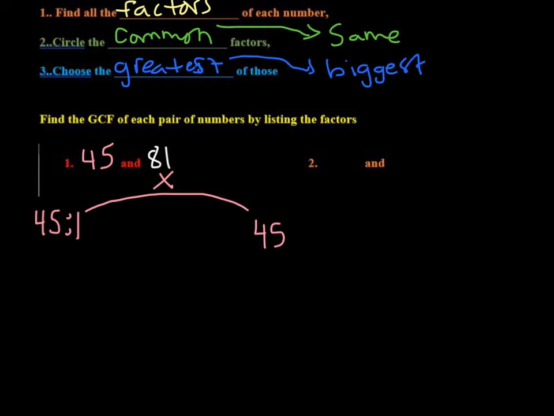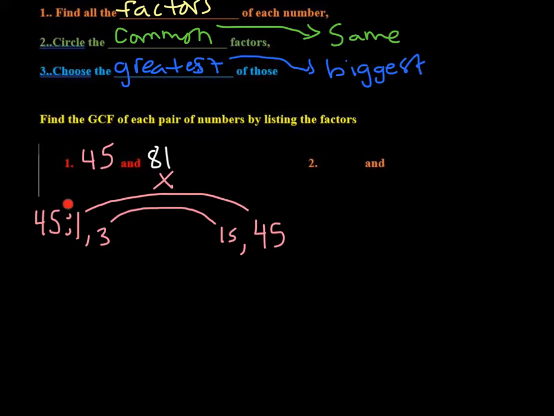But we do know that 3 can go into 45 because 4 plus 5 is 9, and 3 can divide 9. So 3 times 15 equals 45.